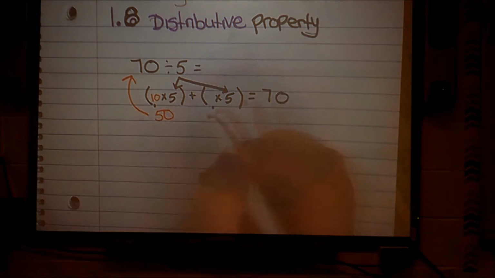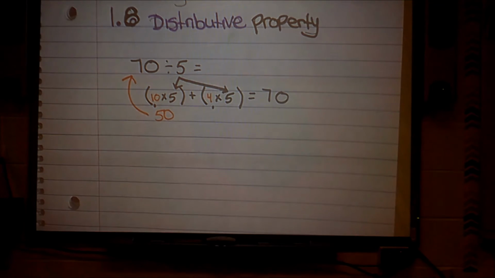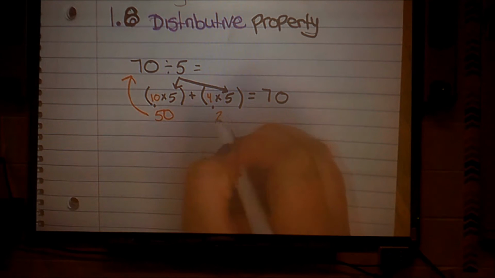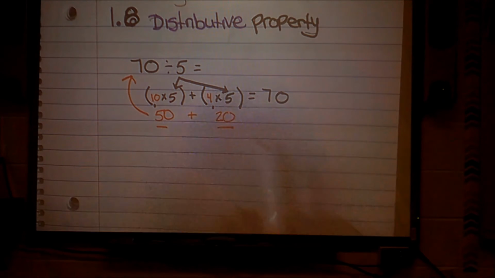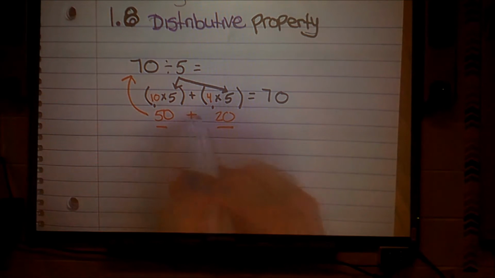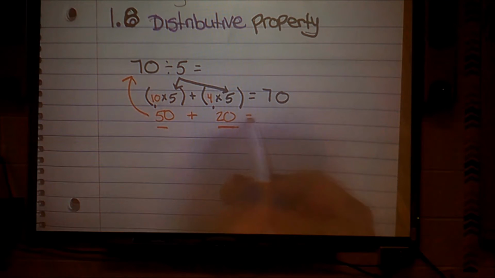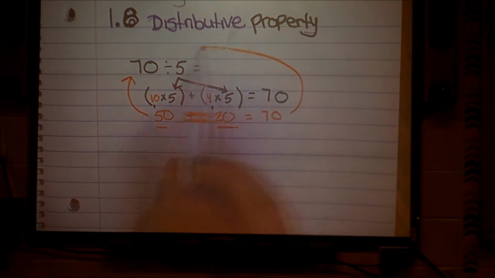And I know 4 times 5 equals 20. I also know 50 plus 20 equals the 70 that I was trying to originally get to, right here.